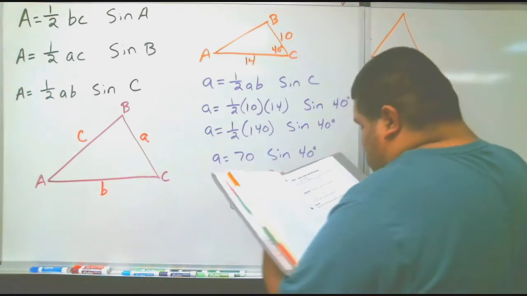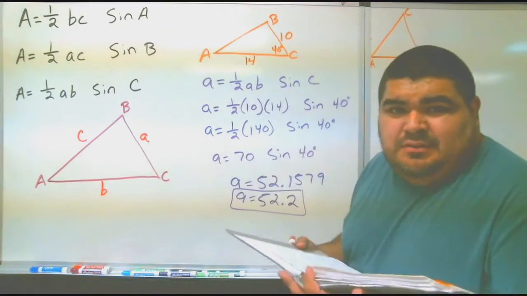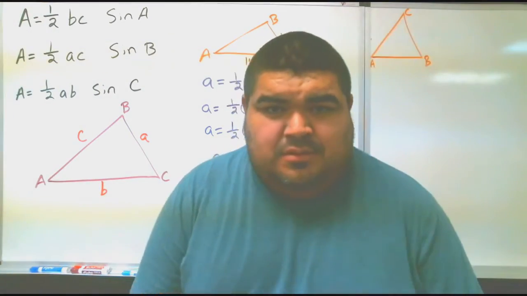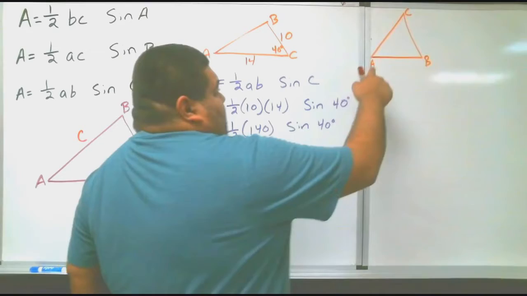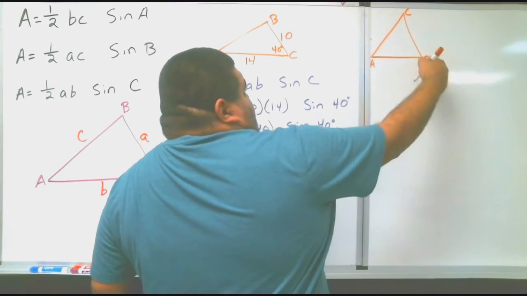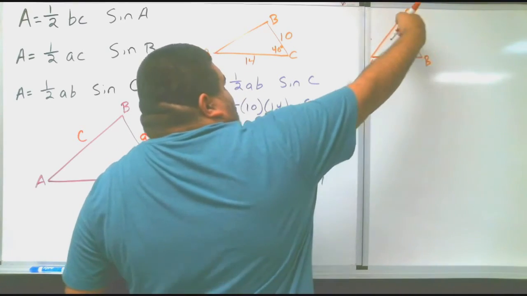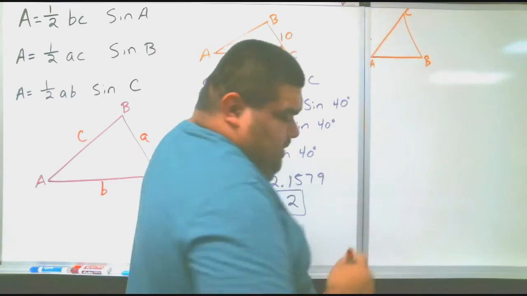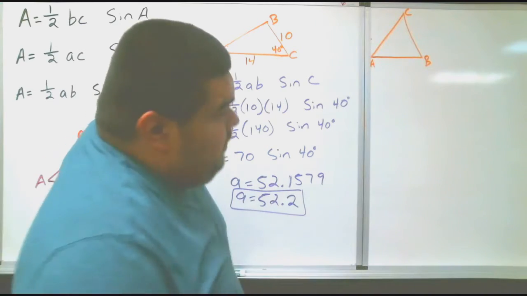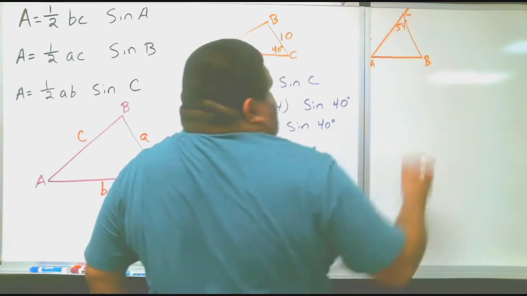We have A, B, and C. Okay. Remember, across from big A is little a, across from big B is little b, and across from big C is little c. So on this one, we have C, which is 54 degrees.